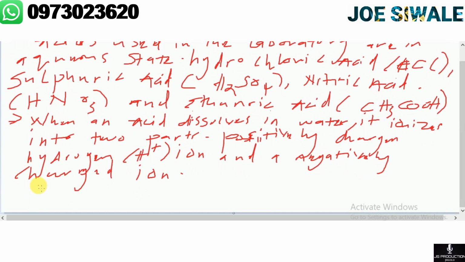And this can be represented by using a general equation.